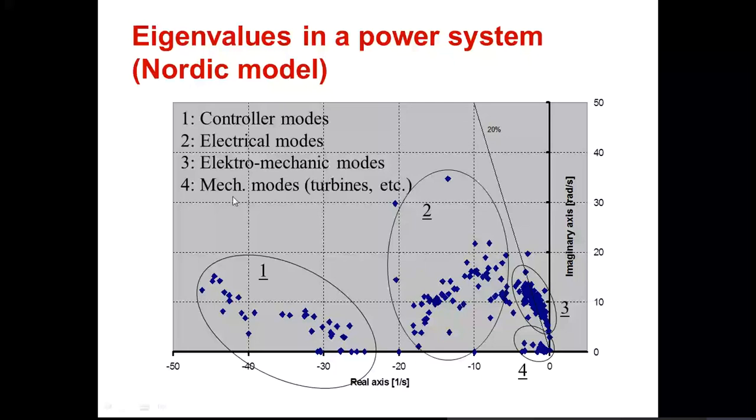And then mainly in the Nordic grid system we have some very low modes which are associated with the turbine states, because the network in the Norwegian region is dominated by hydropower plants.